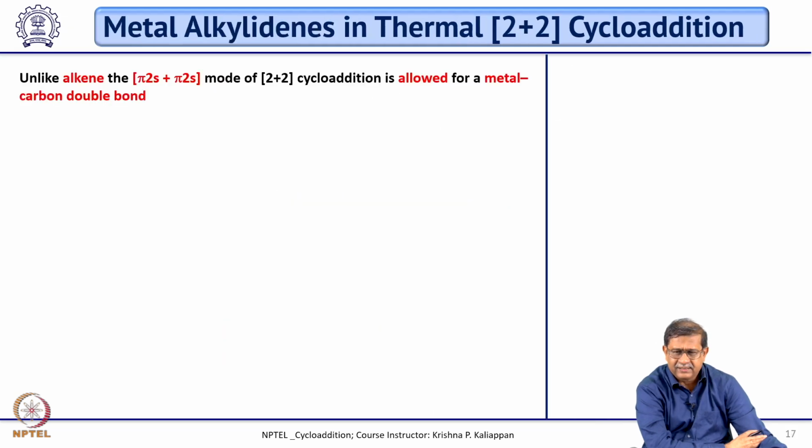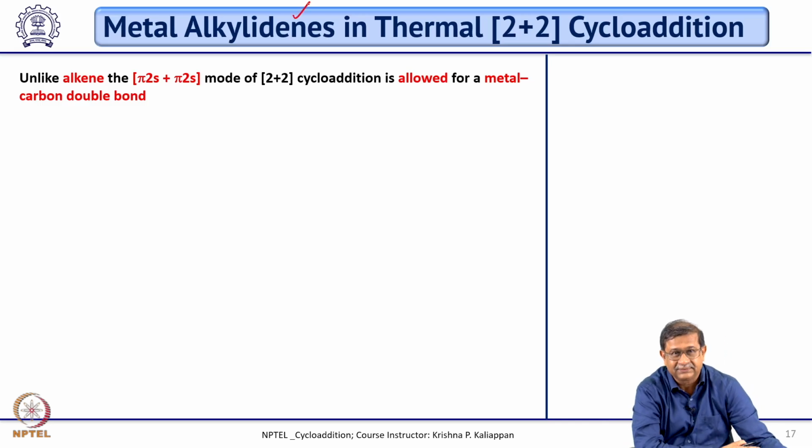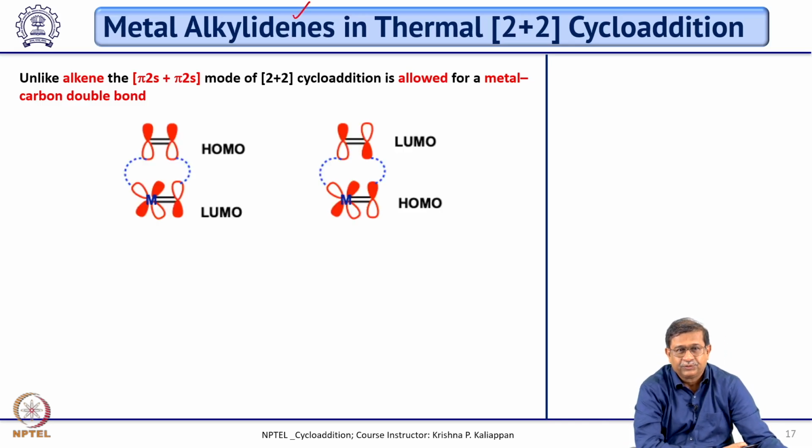In the last 3 decades, I am sure all of you would have studied the metathesis reaction. The metathesis reaction involves many 2+2 and retro 2+2 cycloaddition reactions, particularly involving metal alkylidenes.